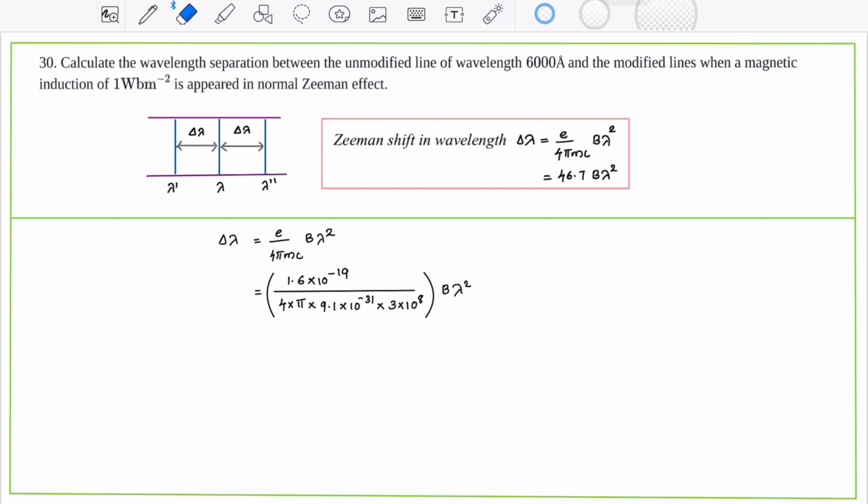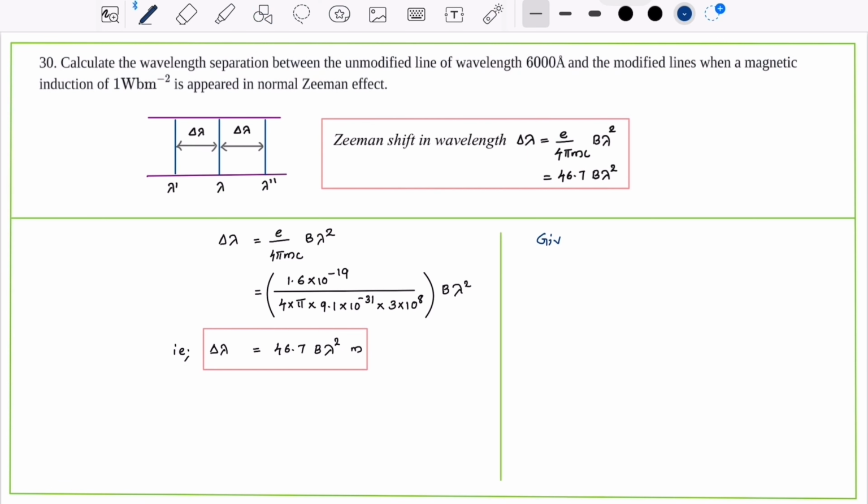On simplification, we get delta lambda is equal to 46.7 B lambda square.